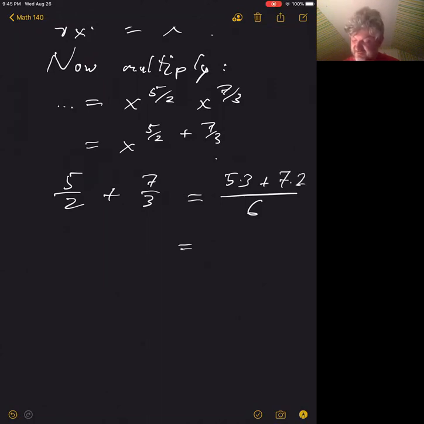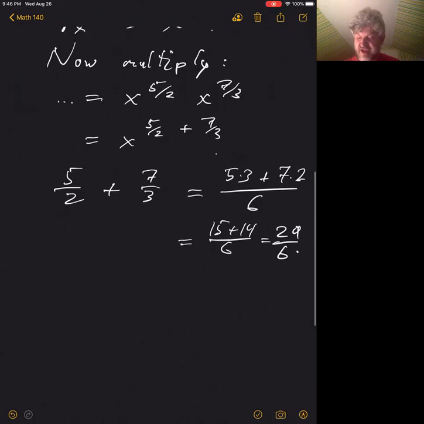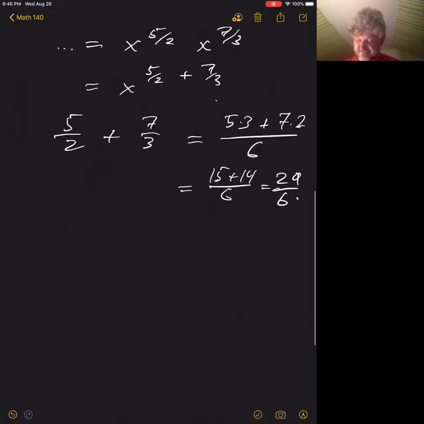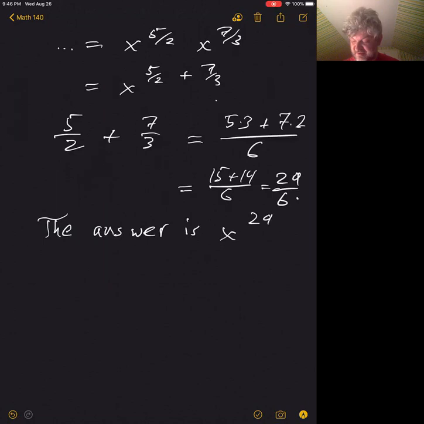That's 15 plus 14 divided by 6, which is 29 over 6. And that is just our exponent for x. So x to the 29 over 6.